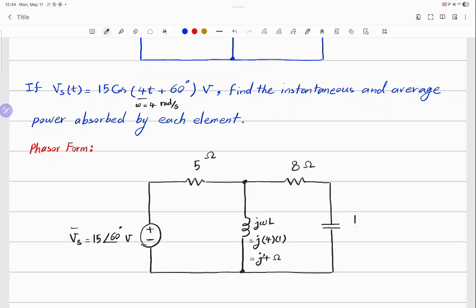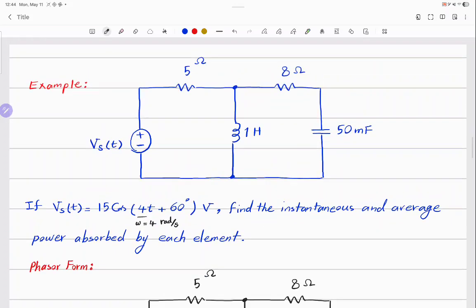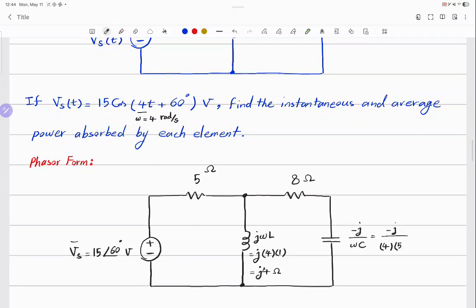The capacitor is negative j over omega C, which is equal to negative j over omega is 4 and C is 50 milli, which is 200 milli, 0.2. 0.2 comes up, 10 over 2, 5, negative j5 ohm.